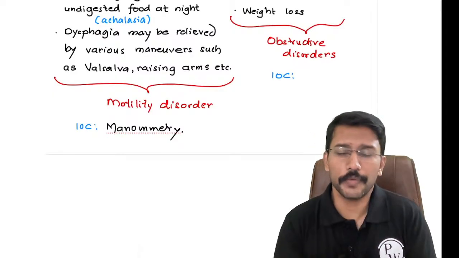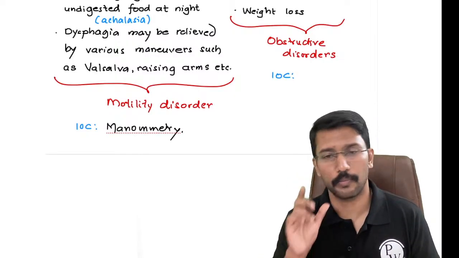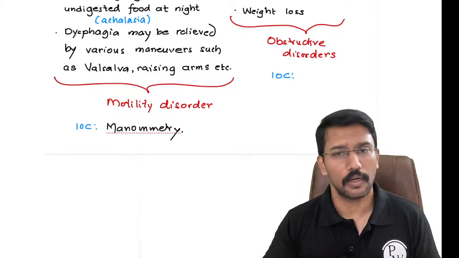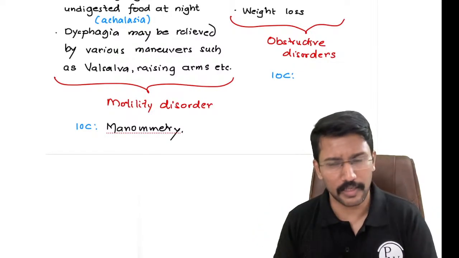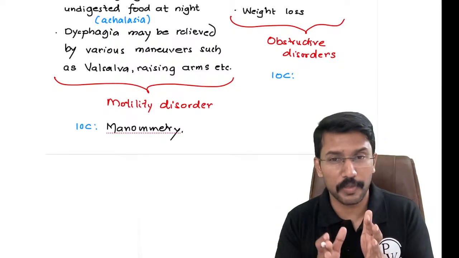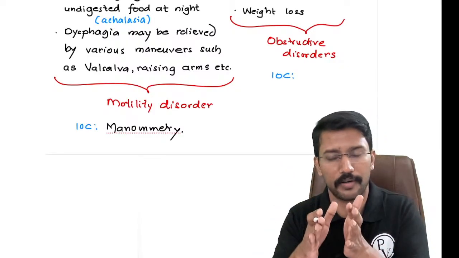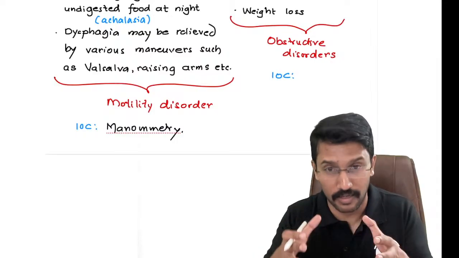So in esophageal manometry, we will analyze the pressure and peristaltic changes, see the pressure of the upper esophageal sphincter, the lower esophageal sphincter, and the peristaltic movements. We have parameters set for all this. What should be the normal pressure of the upper esophageal sphincter? What should be the pressure during the peristaltic contraction? What should be the pressure of the lower esophageal sphincter at rest and when relaxed?